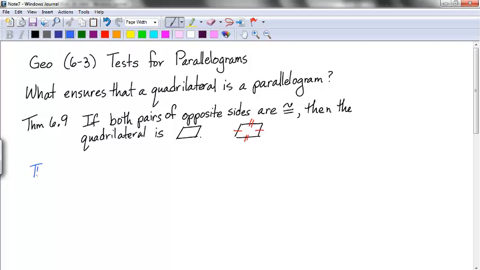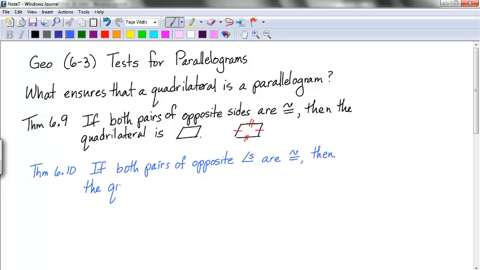Okay, and then theorem 6.10. Okay, and this also ensures that it is a parallelogram. If both pairs of opposite angles, and you can use the symbol for angles, are congruent, okay, then the quadrilateral is a parallelogram.